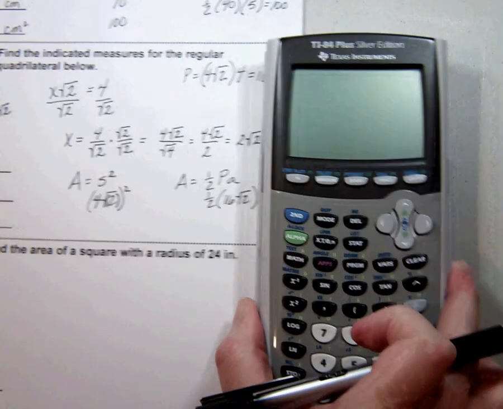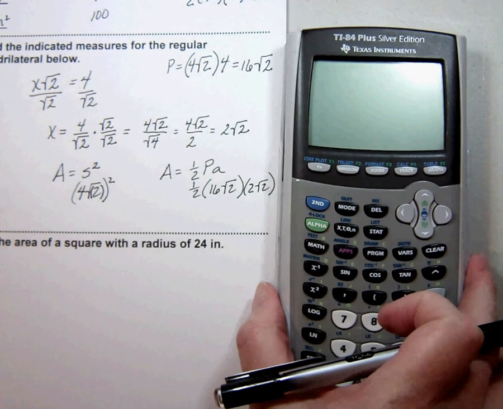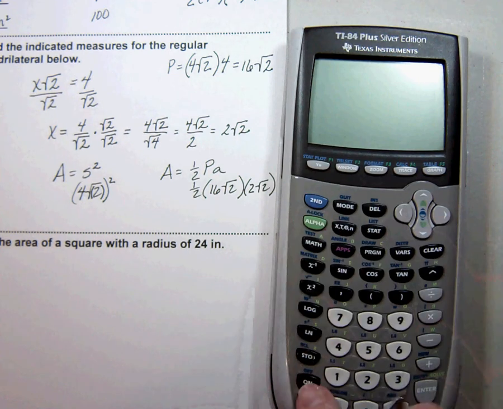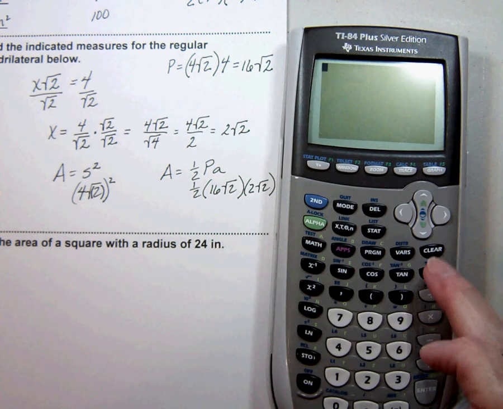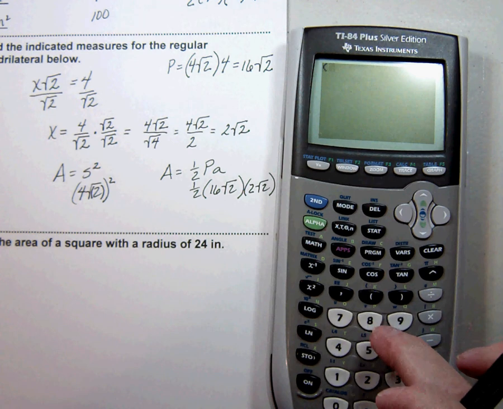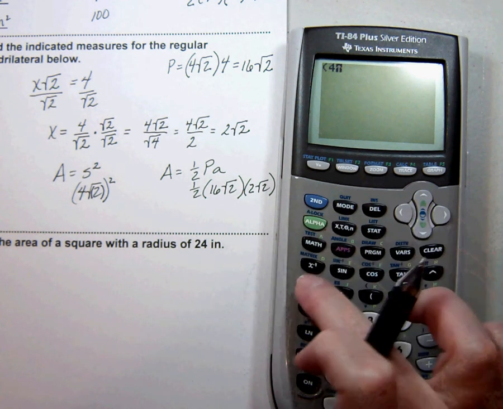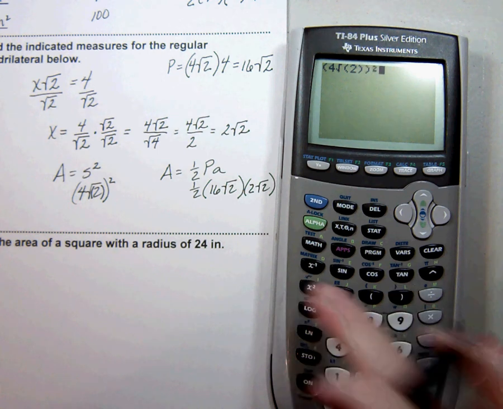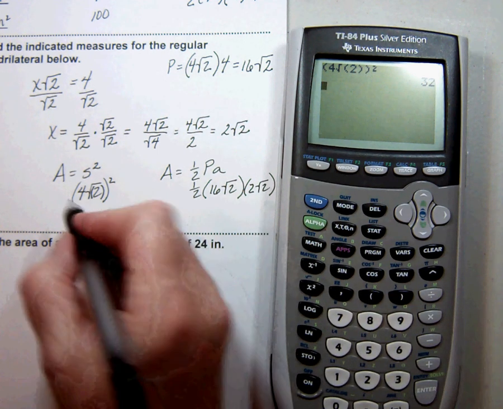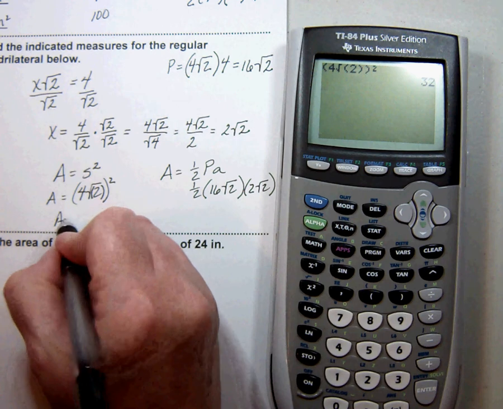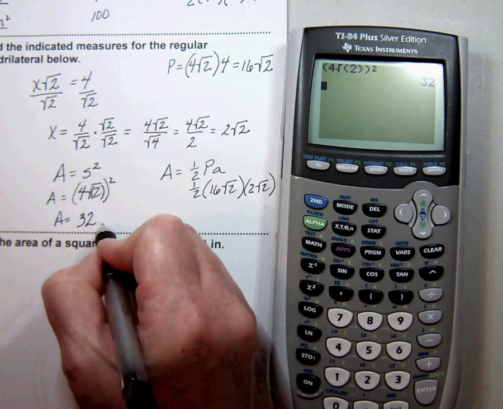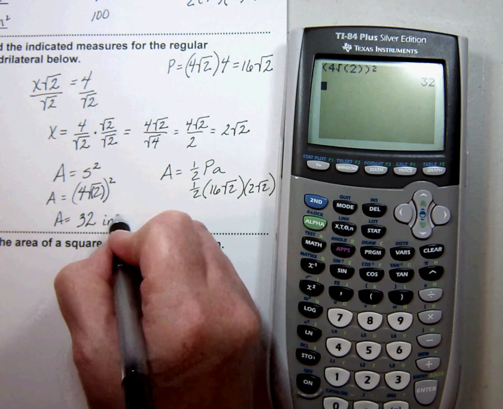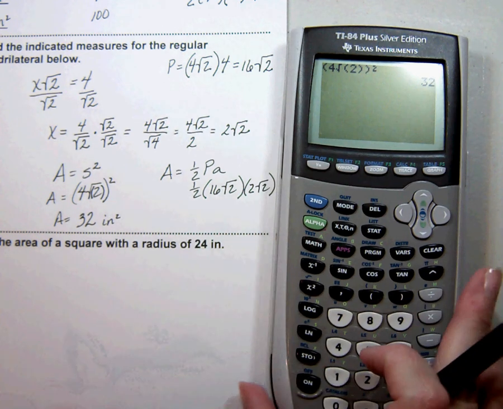I can't tell if I'm covering up the notes. Alright, I think this will work. You start with a parenthesis, 4 times the square root of 2, and then remember you need a double parenthesis squared. So the answer to this one is 32. This is kind of good doing it 2 different ways because I can make sure I'm getting it right. But that one came out 32.